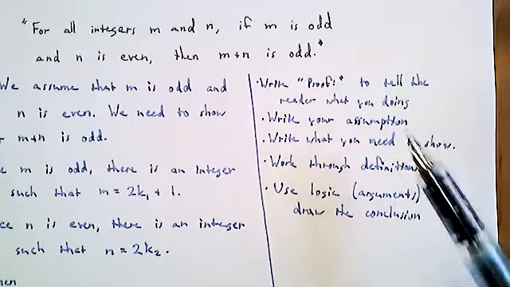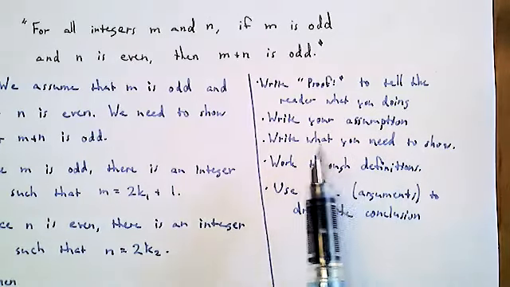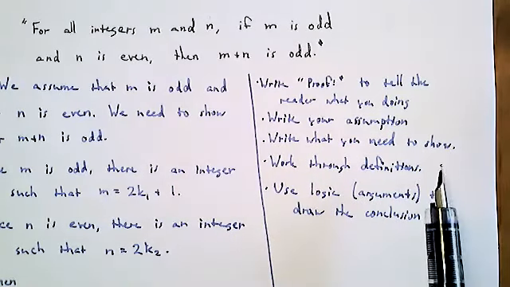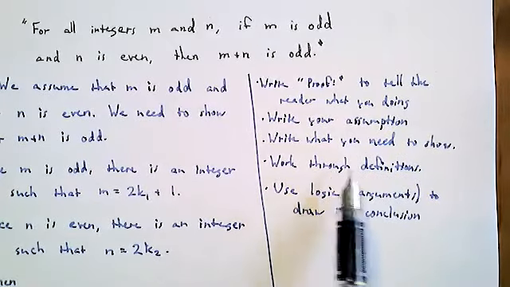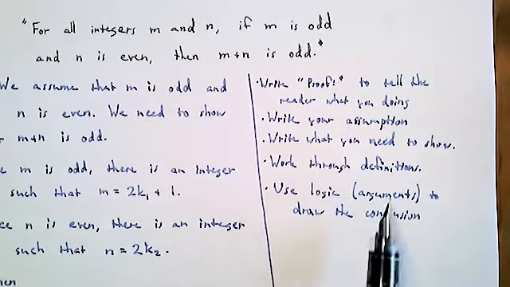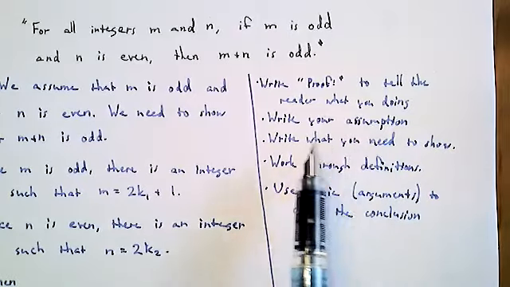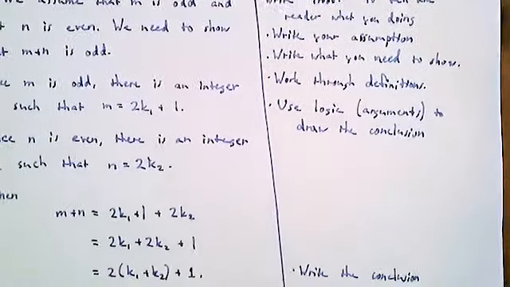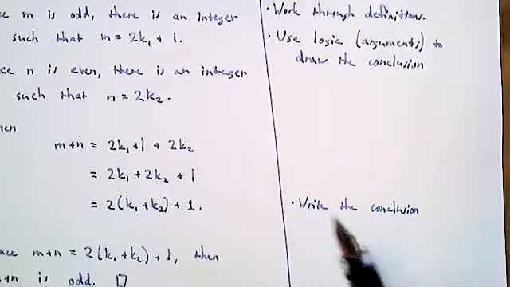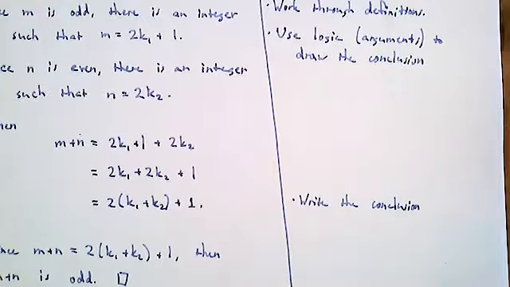And then you need to write your assumptions, what you're trying to prove, and then using logic, you'll work through definitions to connect your assumptions to your conclusion, what you're needing to show. And then at the very end, you'll want to write your conclusion.